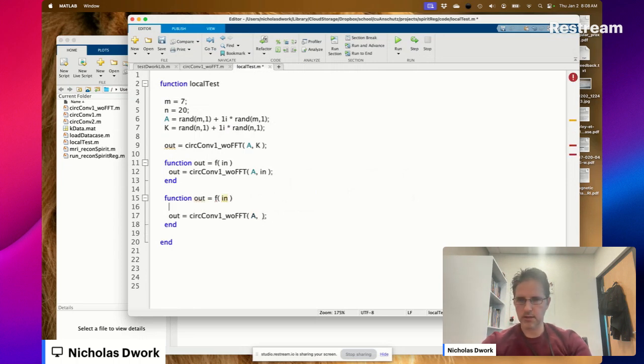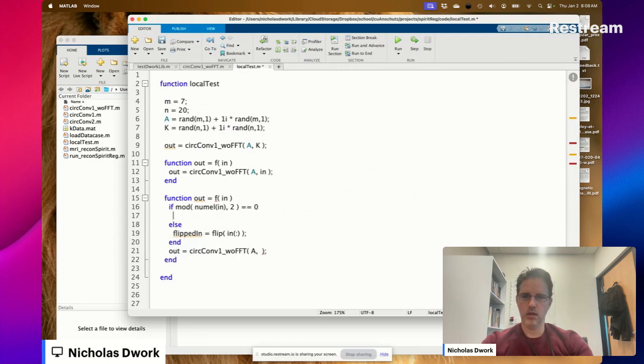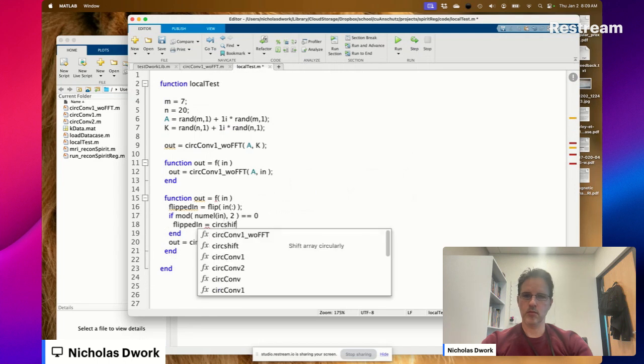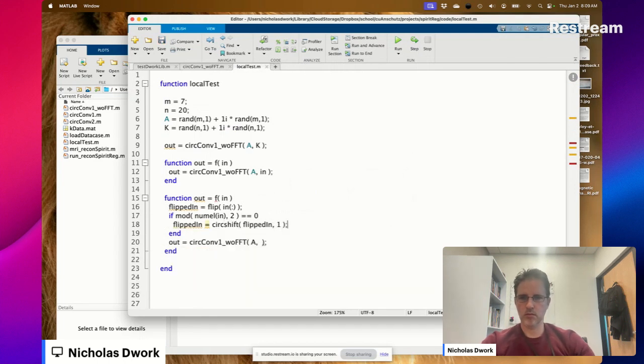Gotta do the circular convolution stuff. A and K are real, they're random, right?